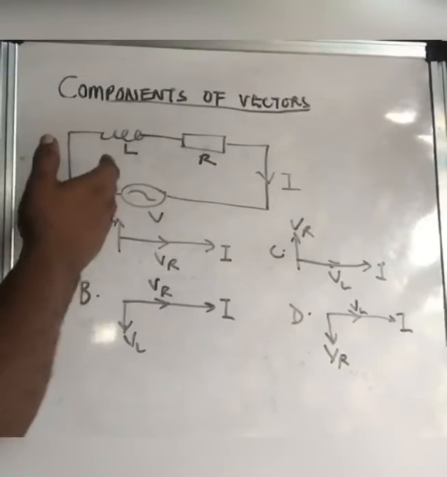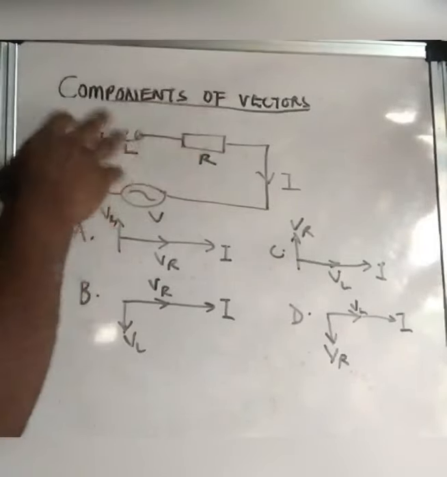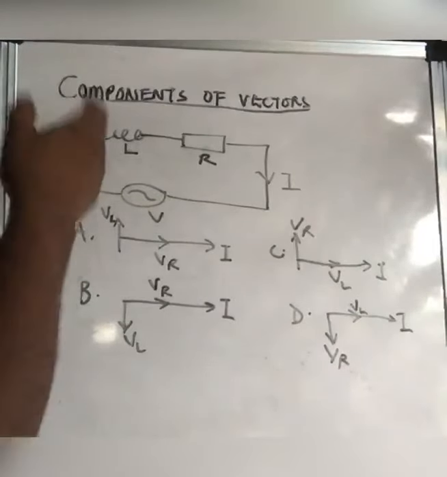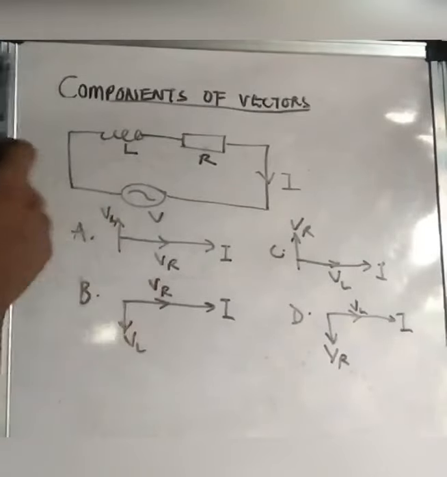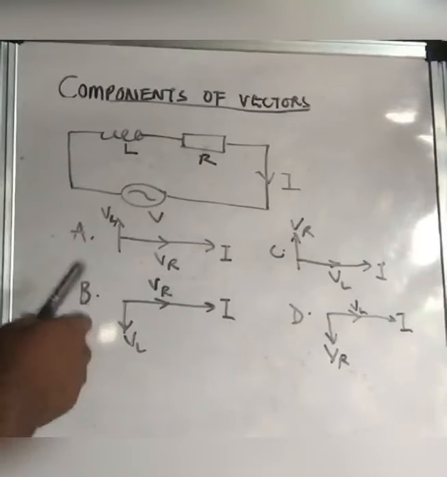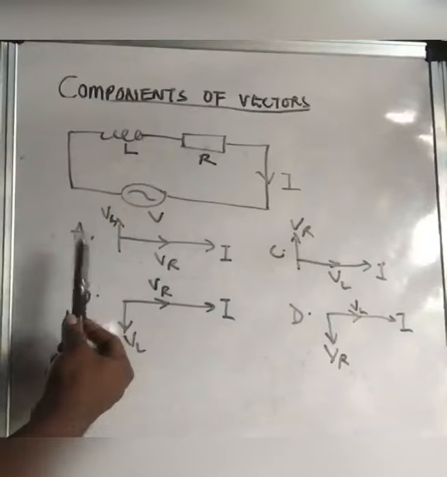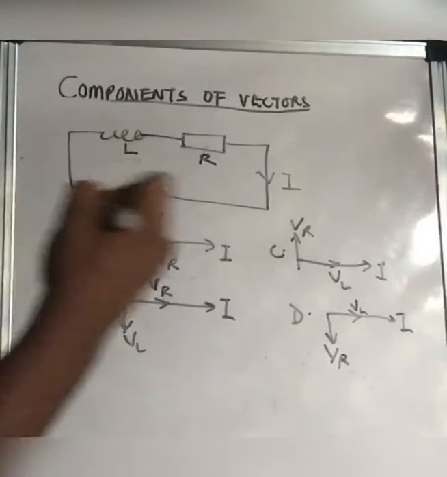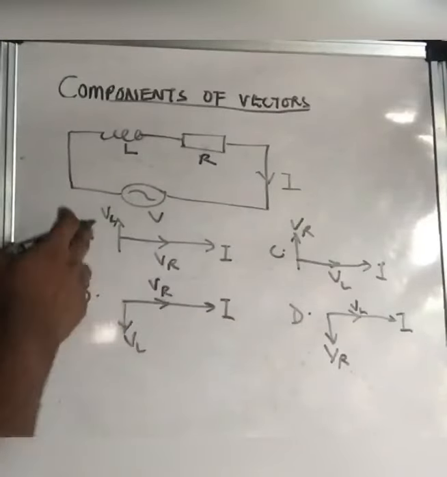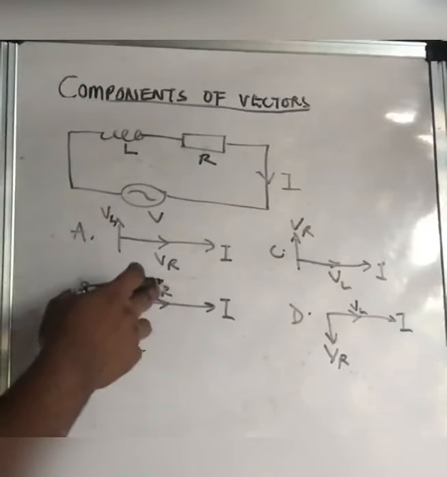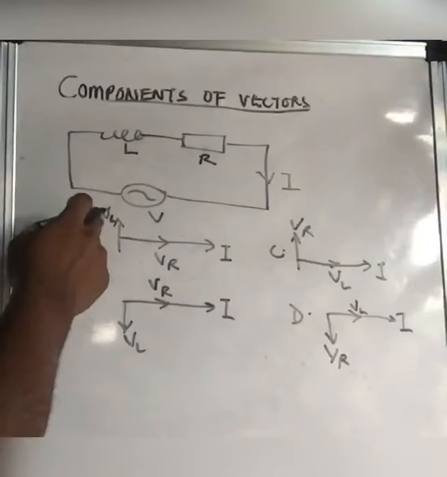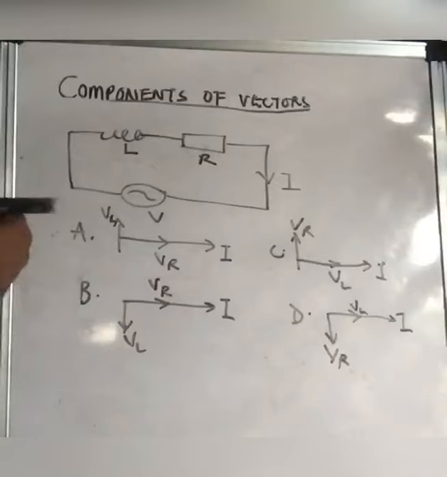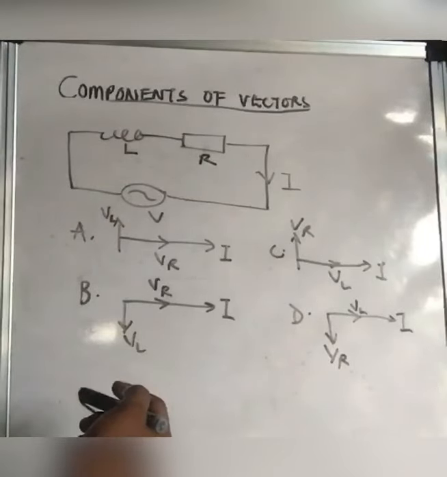So this is a pure inductive alternating current circuit. So the voltage will lead. The voltage leading would mean that the vector diagram will be drawn in such a way that, if you look at the options, you see that the voltage is given in two aspects: the voltage across the inductor and the voltage across the resistor.